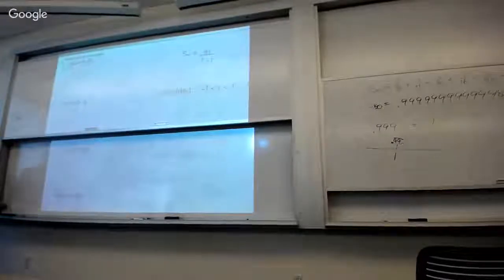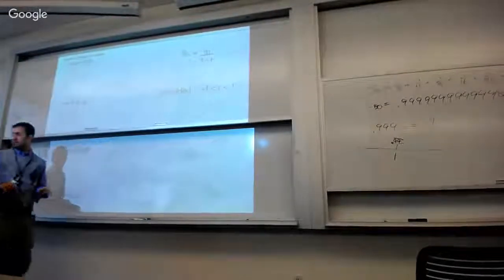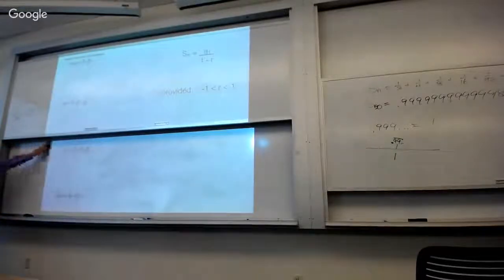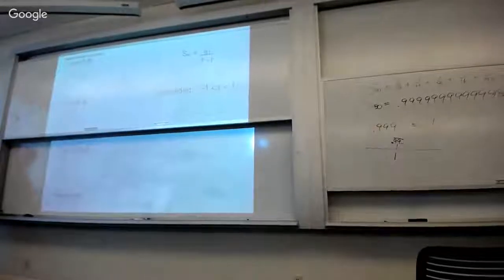There we go. So using this formula, could we confirm the formula for 0.9999999? Let's do that real quick before we actually try these problems. What is 0.99999 as a sequence? This is a little tricky. What is 0.999 as a sequence?